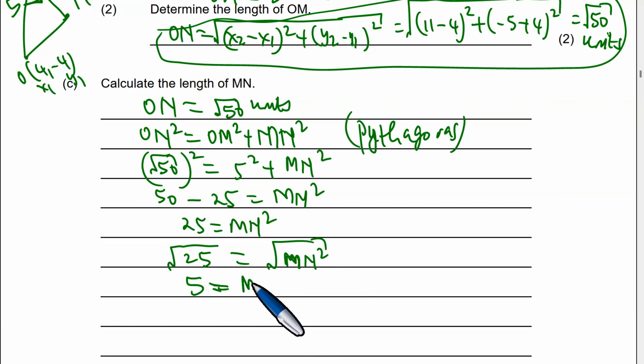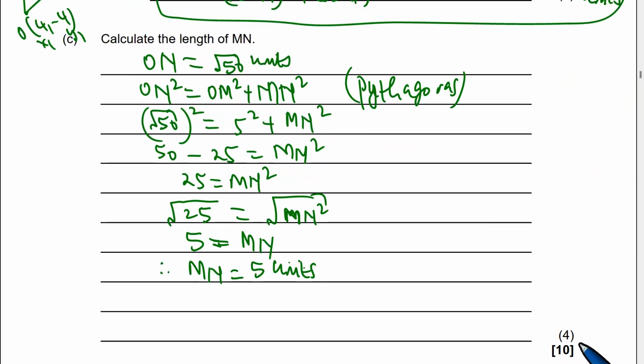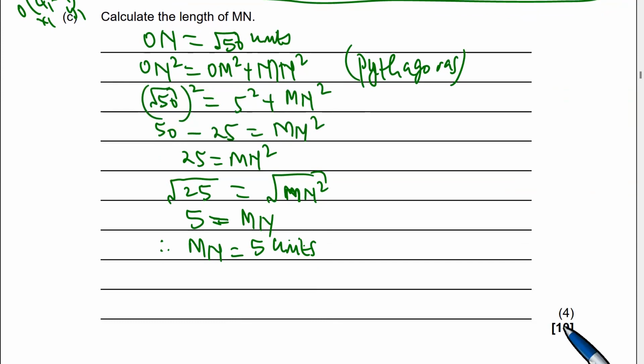So MN is 5 units. They wanted the length of MN, and it's 5 units, for a total of 4 marks there.